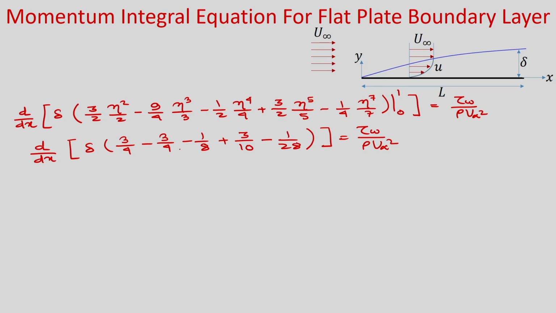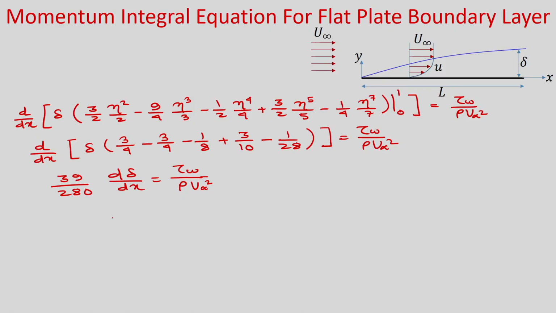Now if you see it, this will be 39 by 280. So 39/280 dδ/dx is equal to τw by ρU∞². We have already expressed the velocity profile in terms of the boundary layer thickness delta.